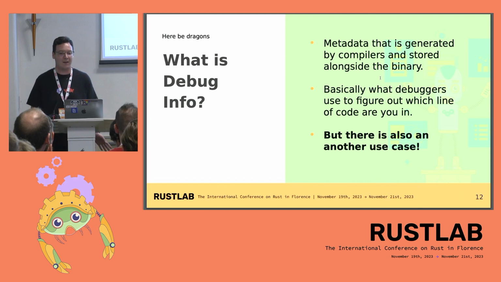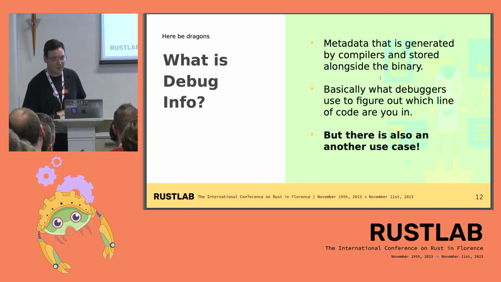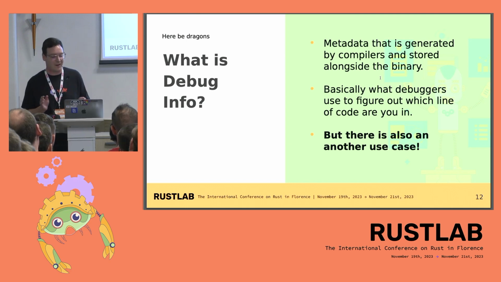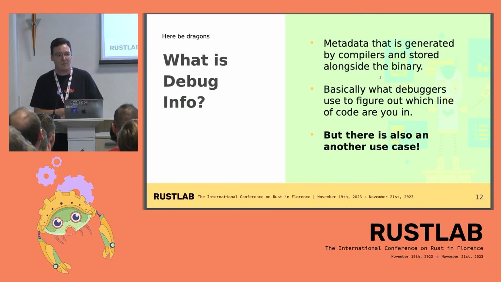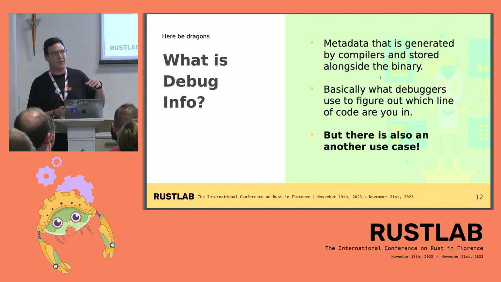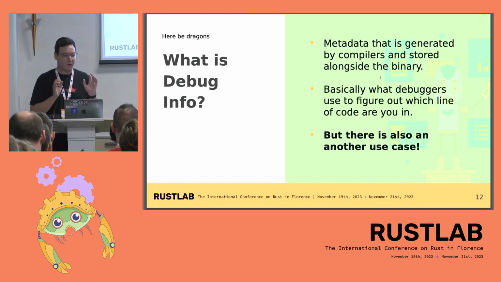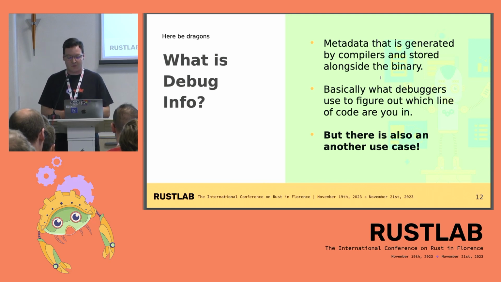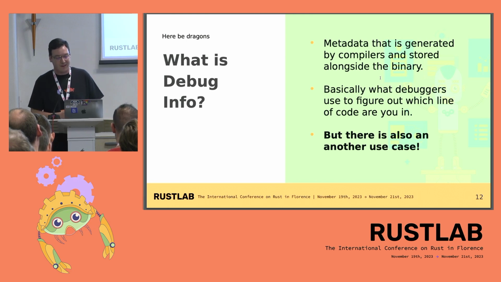So if you are running LLDB, for example, to debug your Rust code, the reason you are able to see the exact line you are in and jump to the next one is that when you compile your program with the debug flag, it embeds the information about each line, each type, each variable, corresponding to the sections of your code, in the binary.